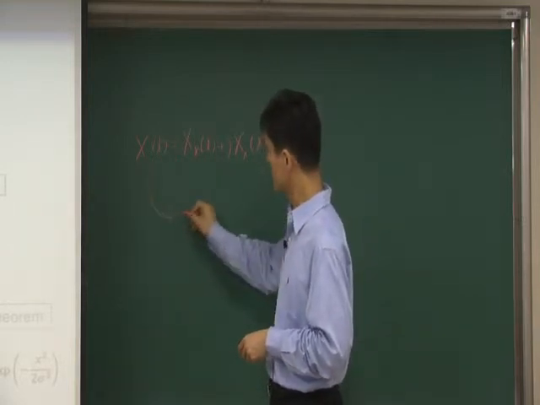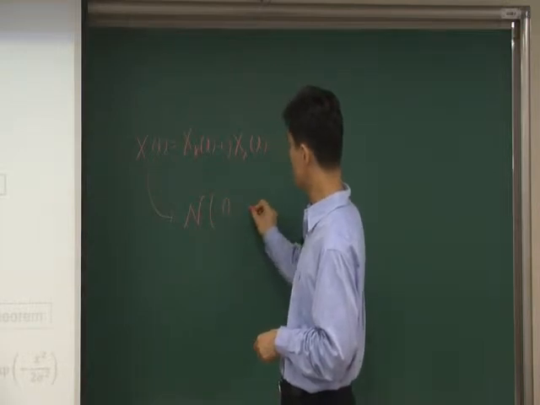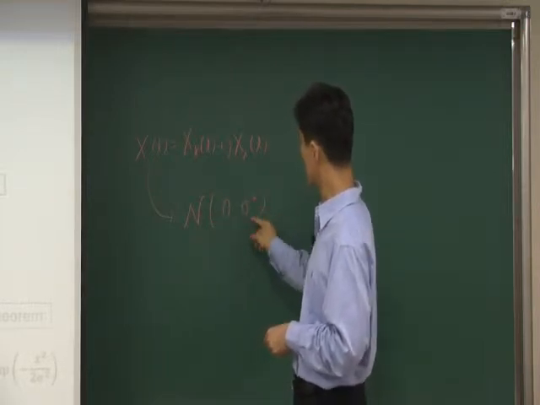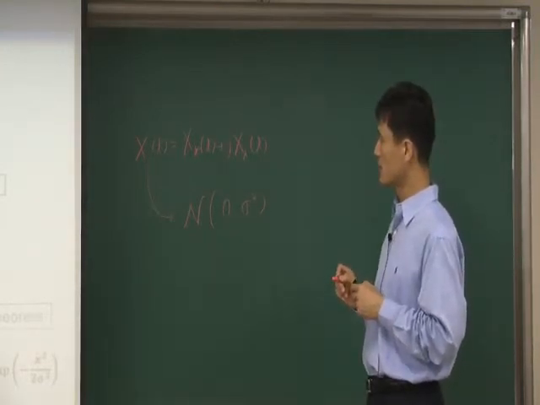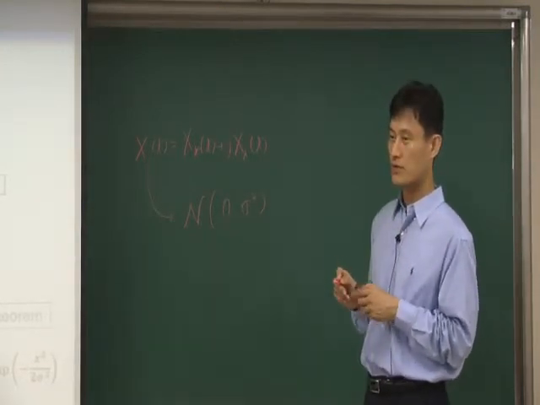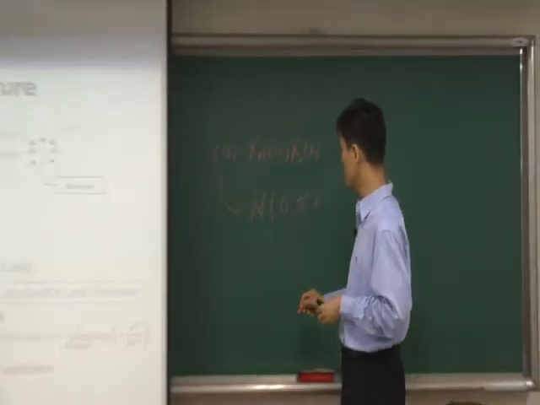This is a normal distribution with zero mean and certain variance, certain power. Now what we are interested in is the amplitude of the received signal. We want to find out the amplitude.